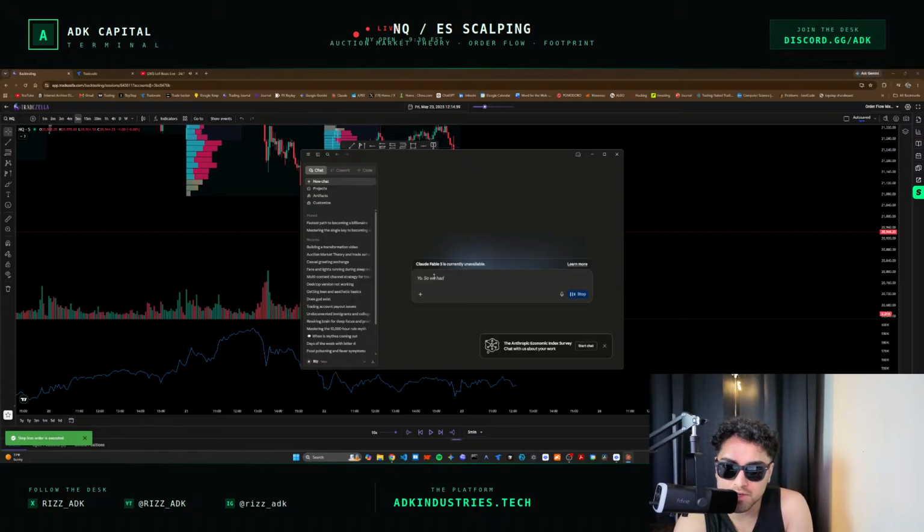Yo, so we are trying to backtest auction market theory on TradeZilla right now, on the journal platform, and we are trying to optimize the backtesting session as much as we can. But it doesn't have order flow and it doesn't have footprint charts.